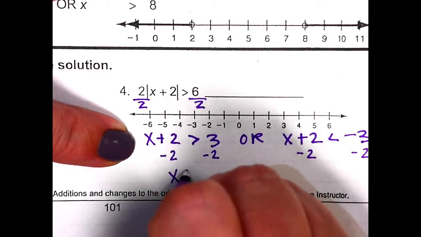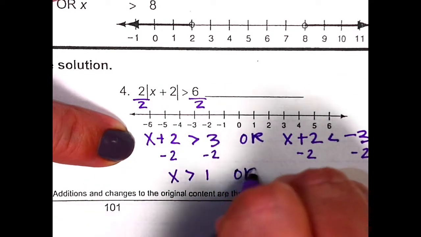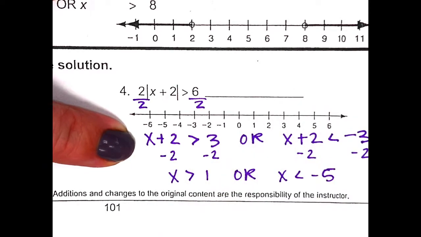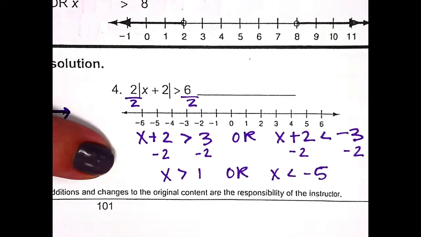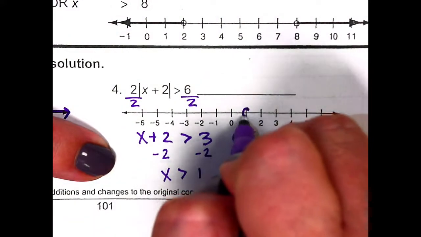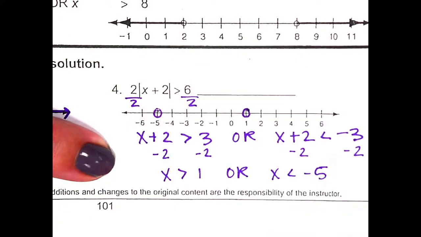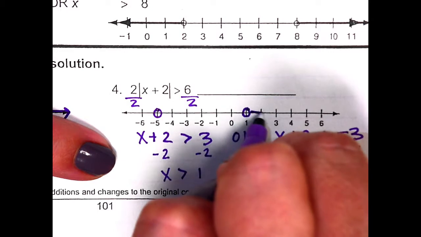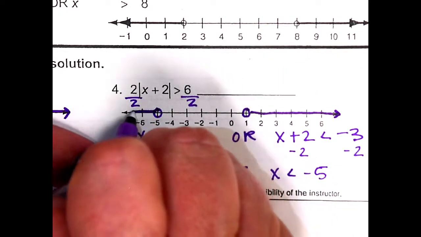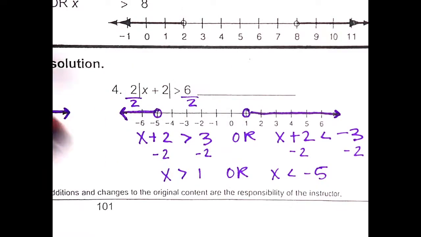So x is greater than 1, or x is less than negative 5. Because it's greater than and less than, my circles need to be open. So I have an open circle on the 1 and open circle on -5, and the arrow goes to the outside.